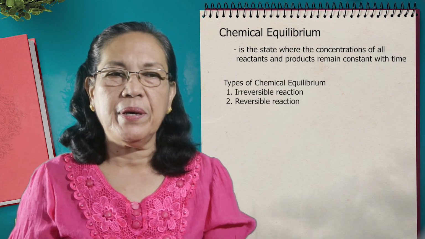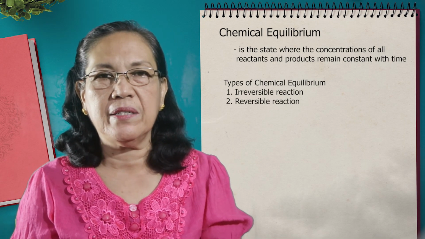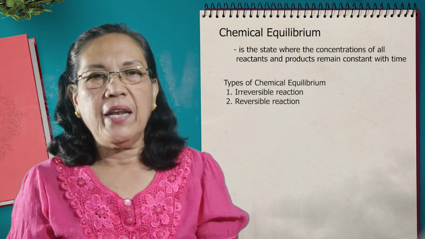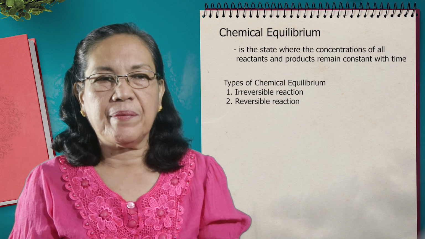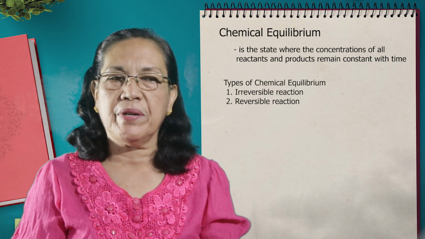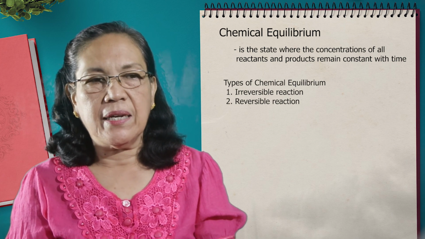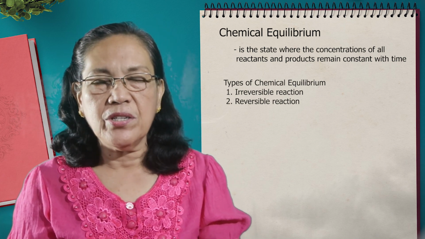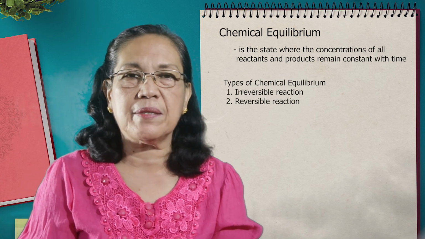Considering the general equation, A plus B double arrow C plus D, when A and B are mixed, they will react at a rate that depends on their concentrations at that instant. As they react, their concentrations will decrease. Why?